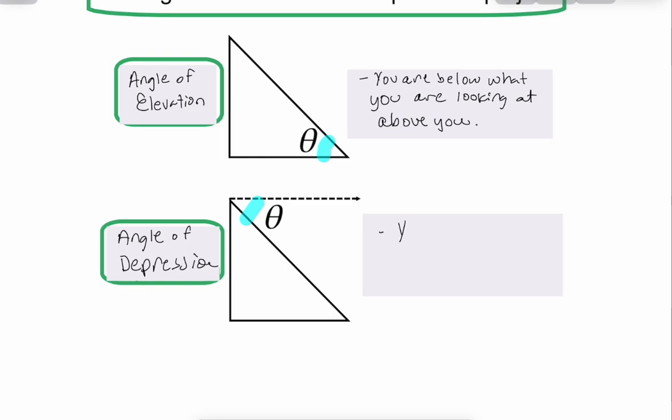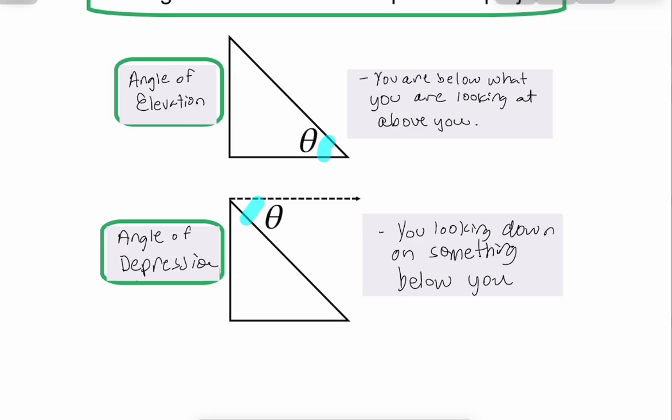So again, you are looking down on something below you. So in this particular case, you're standing up on the mountain, you drop your head a certain angle measure, and you look at something on the ground.